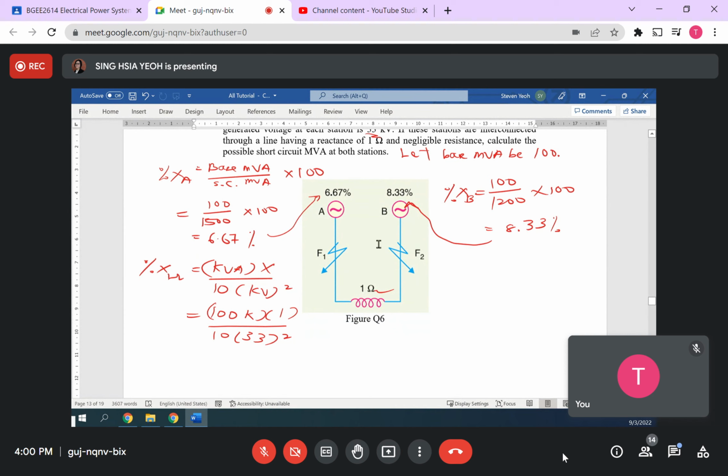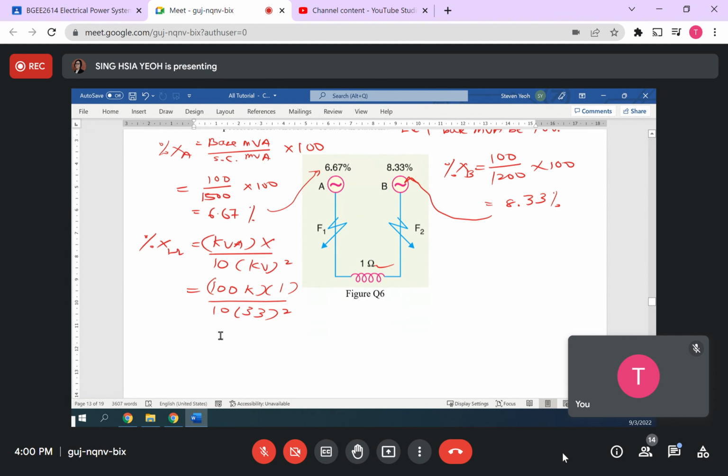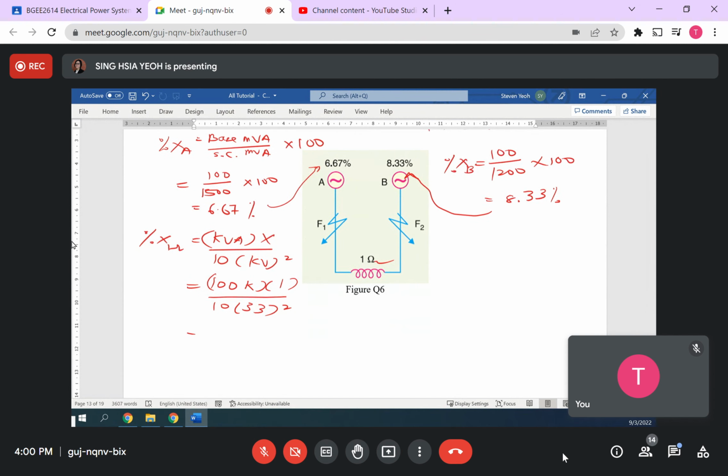If you change from MVA to kVA, it will be 100K. For 33 kV, you no need to substitute 33K, you just put in 33. So percent x for the 1 ohm is 9.18%. 10 is constant here. The formula is in the section note.